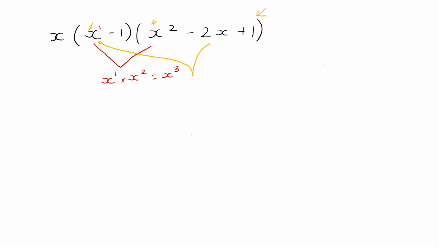So x, if we write it again, is x¹, and then times -2x, because you've got to remember that the minus belongs to that 2x. That equals -2x squared, because you're just adding the powers.